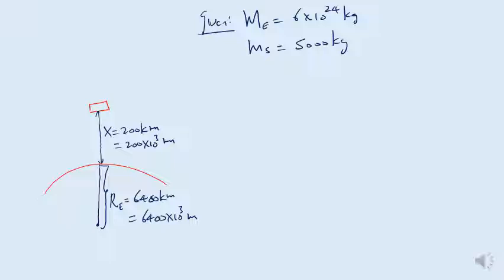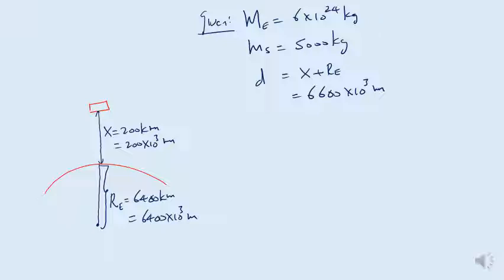The distance we're looking for is that distance x plus R_E. So 6,400 times 10 to the power 3 plus the 200 will give me 6,600 times 10 to the power 3 meters.